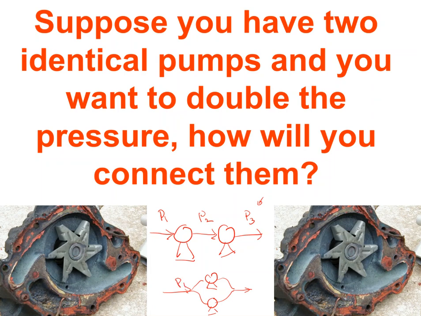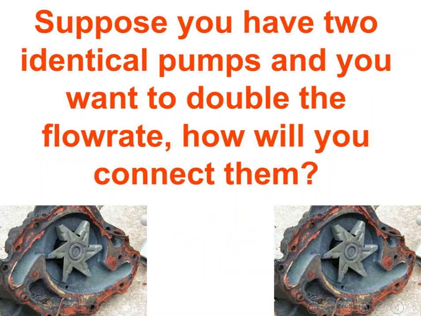So this is P1 and here this is P2. So if I want to increase the pressure, how to connect them? So the answer is I connect them in series like that. This is called in series if I want to double the pressure. And if I want to double the flow rate, then I connect them in parallel.